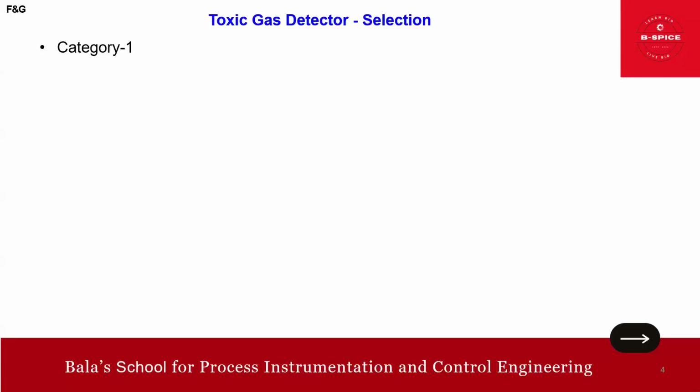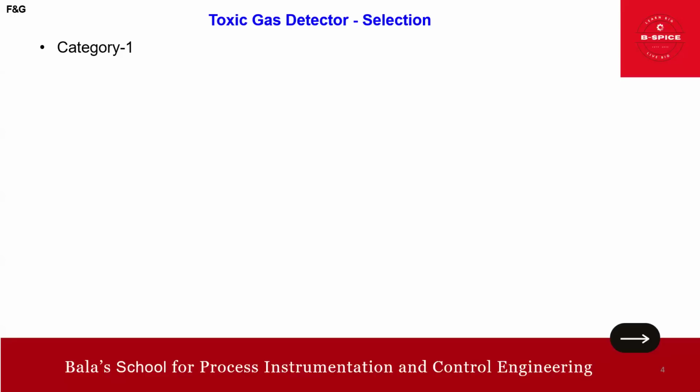So that's a point, just remember this. Flammable gas detectors shall therefore not be used for detection of toxic gases, even if the toxic gas coexists with the flammable gas of a different component. For example, H2S in conjunction with the hydrocarbon mixture.